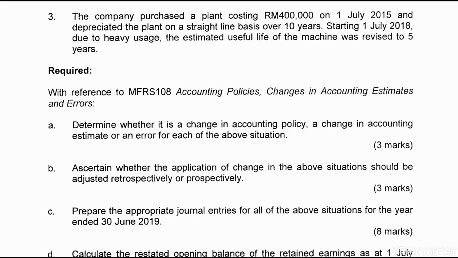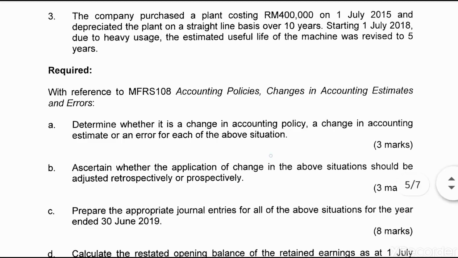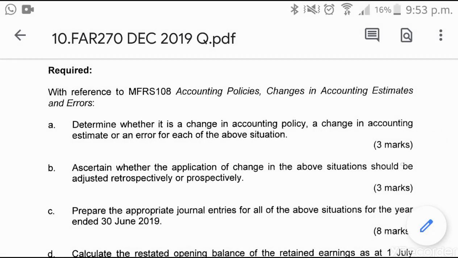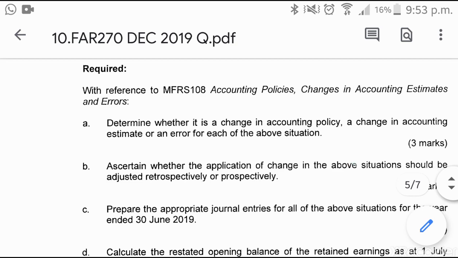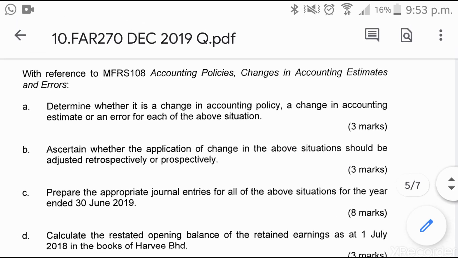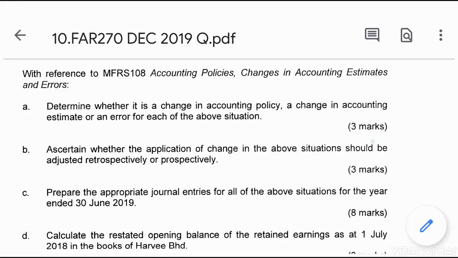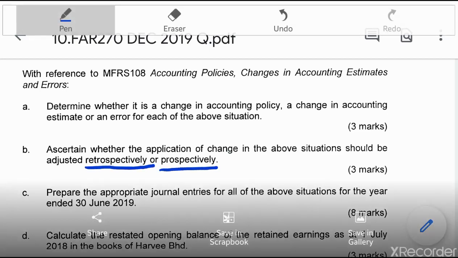B: ascertain whether the application in the above situations should be adjusted retrospectively or prospectively. So you are to mention whether there should be a prospective adjustment or a retrospective adjustment.